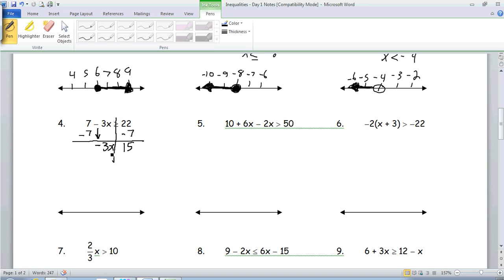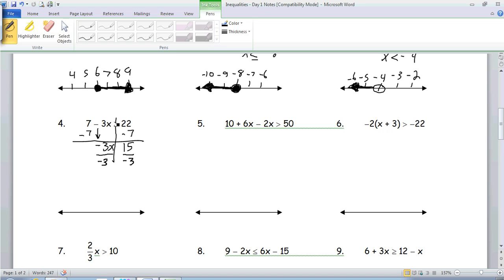Whenever you divide or multiply by a negative number, your sign must change. Very important. Whenever you divide or multiply by a negative number, your sign must change. So when I'm dividing, my coefficient is -3, and I am dividing by -3.